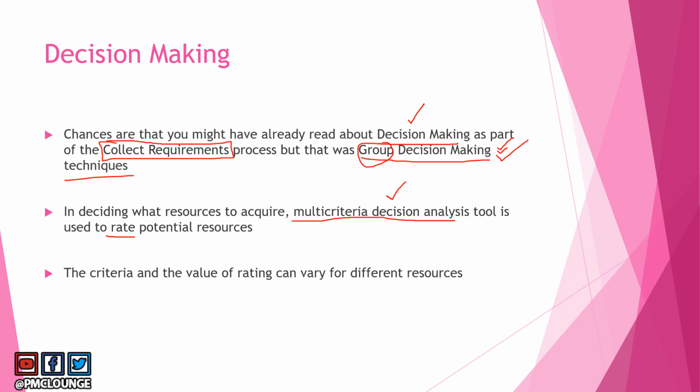So the criteria and the value of how you rate the resources may obviously change and can vary based on the different resources that are required for the project. Now, when we say resources, I hope you remember we are talking about both team resources, known as human resources, as well as physical resources. Both kinds of resources is what we are talking about when we say resources.